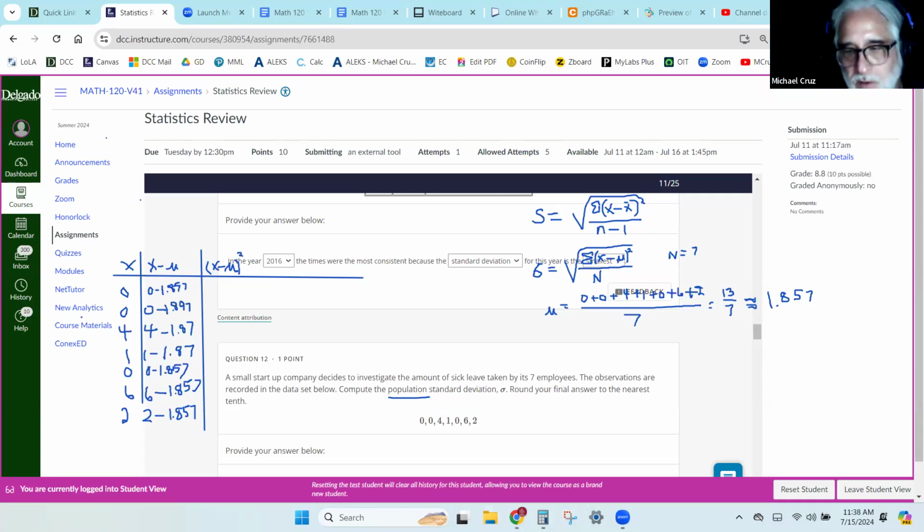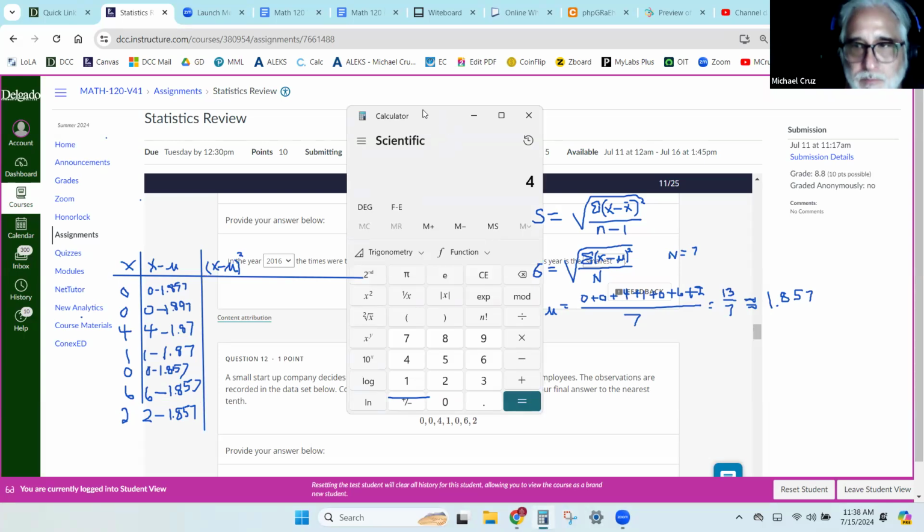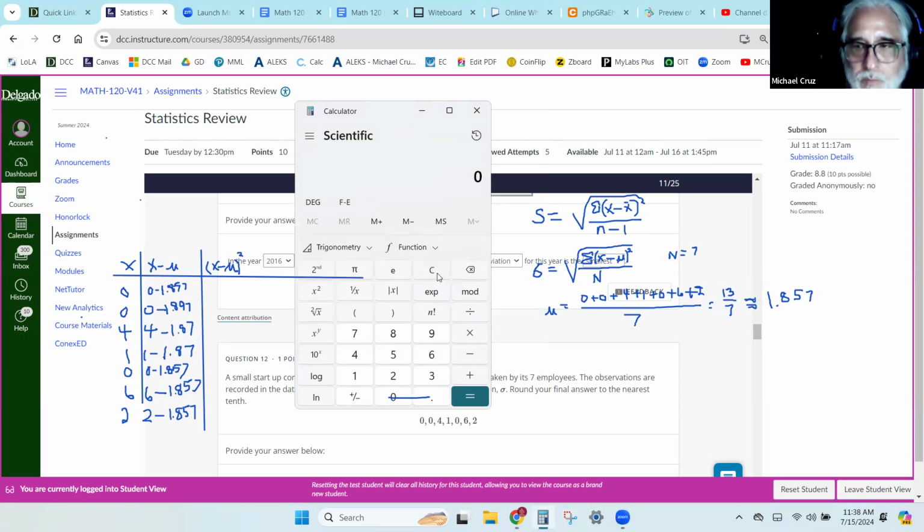All right, let's see if I can do this with a calculator. 0 minus 1.857. So we're going to square that, and I'm going to put it in there.